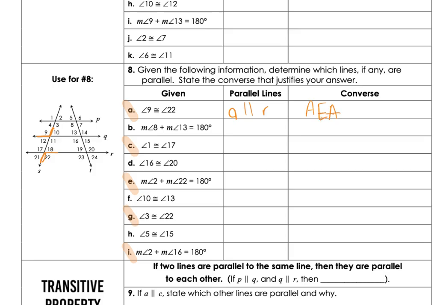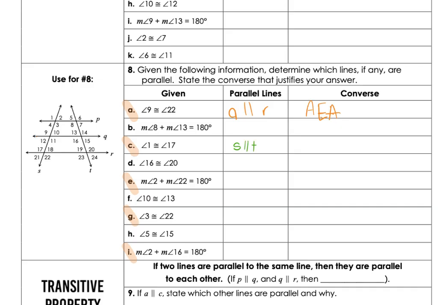All right. Letter C. Who wants C? Sanaya wants C. Okay. 1 congruent to 17. Which 2 lines?